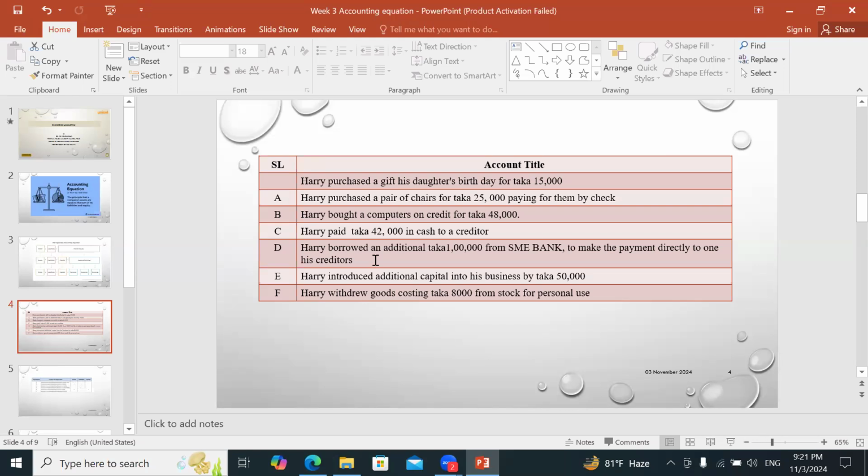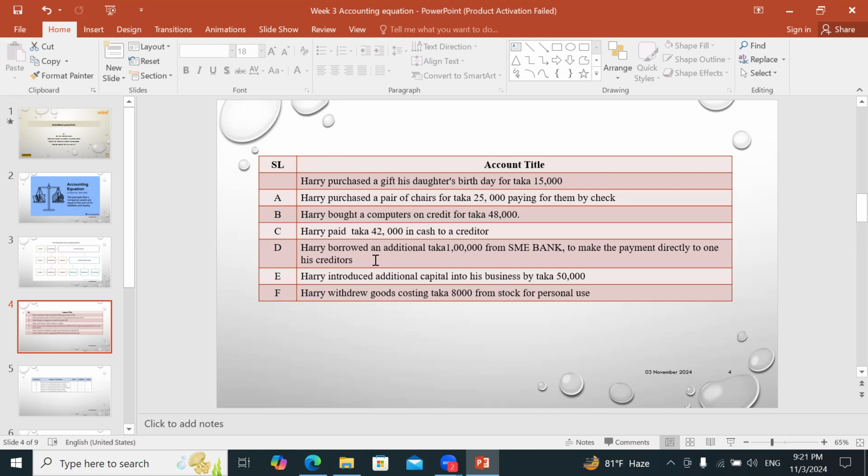So borrowed means one kind of liability. You just take money from the bank, but payment is in the future, against a condition. You are bound to pay later.